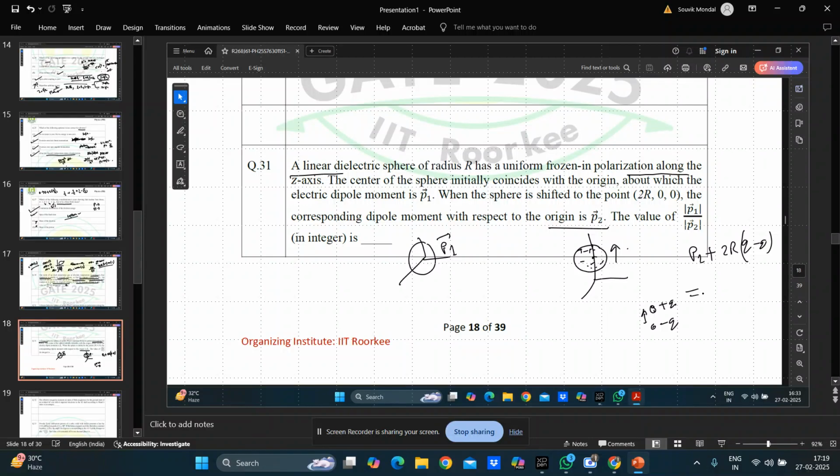So P2 is simply equal to P1, because the shifting of origin is not affecting anything. Just like 2R into Q minus Q, the two big balls of plus Q and minus Q sitting at Z equal to 2R, this is not going to have any effect. So the ratio is one.